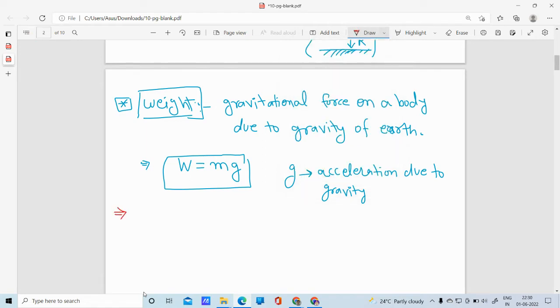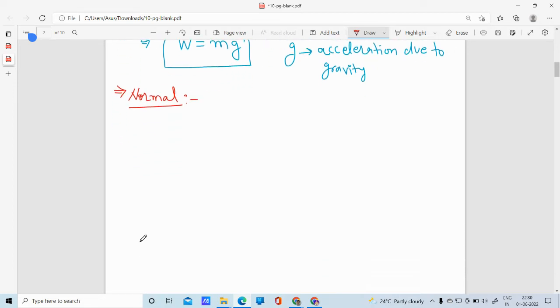Next thing is the normal force, the normal reaction.